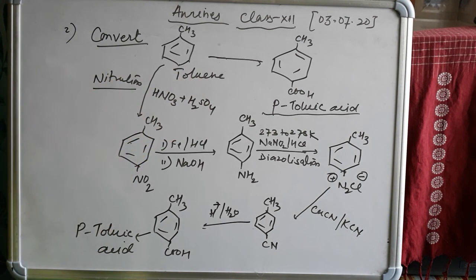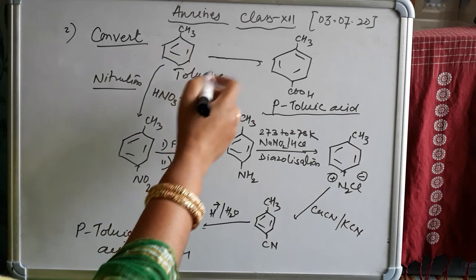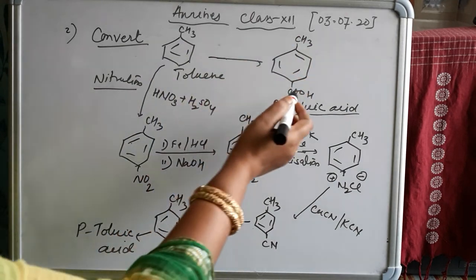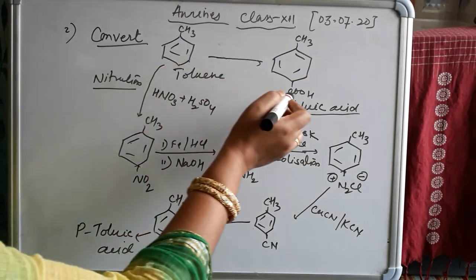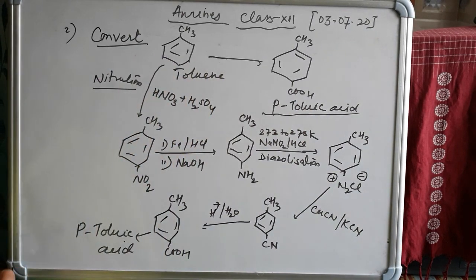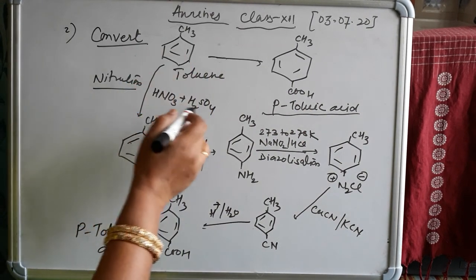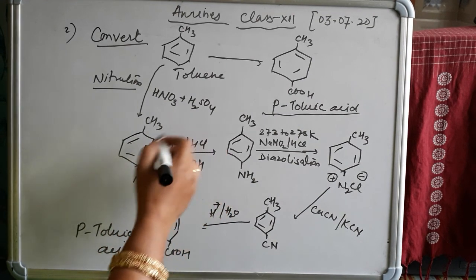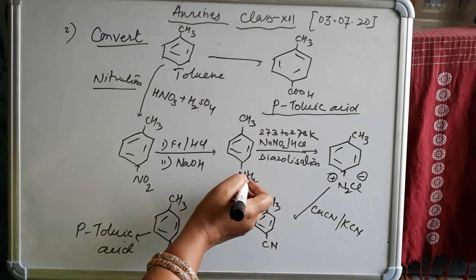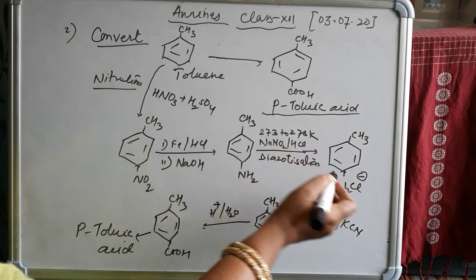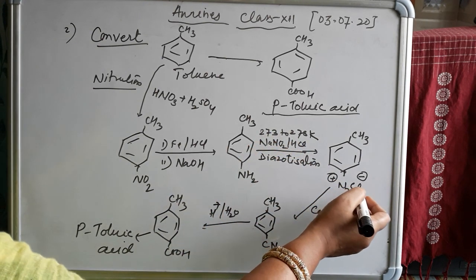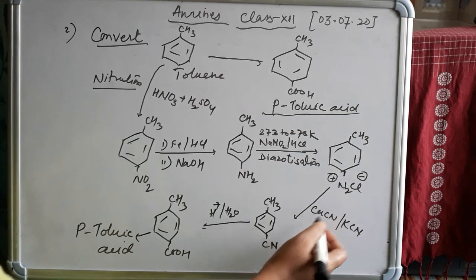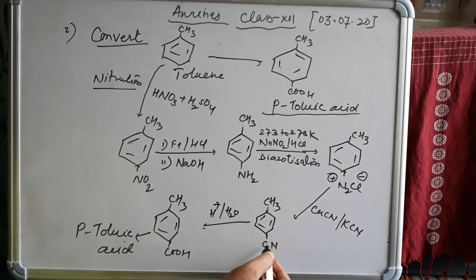How is the conversion possible? So students, toluene means the CH3 group is present, but a COOH group is attached at this position. So at first, by nitration we get NO2, and by reduction of this we get NH2, and by diazotization we get the diazonium salt N2Cl, and by Sandmeyer's reaction we get CN, and we know that hydrolysis of this cyano group or nitrile group gives the acid.